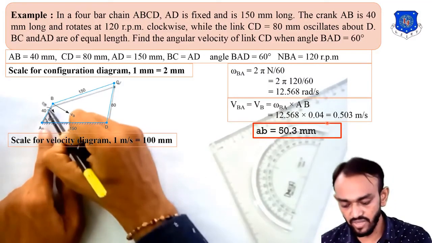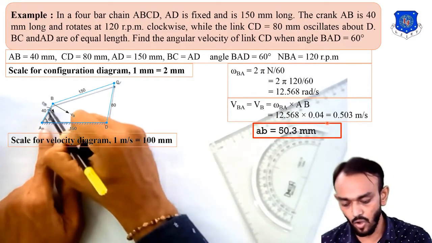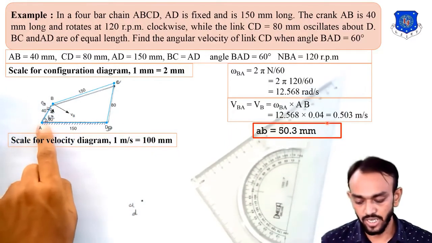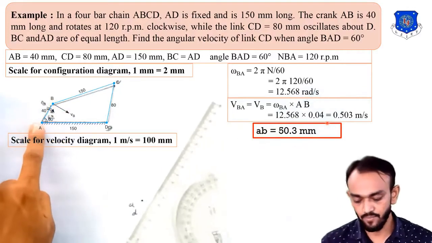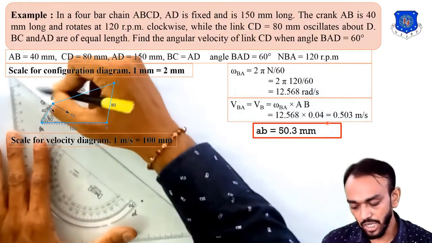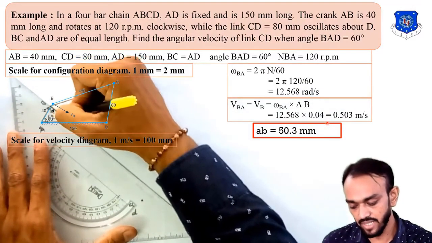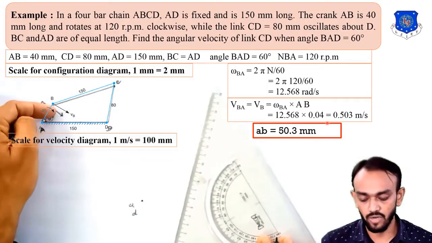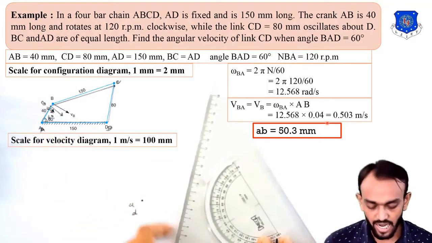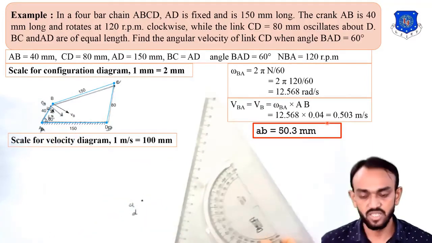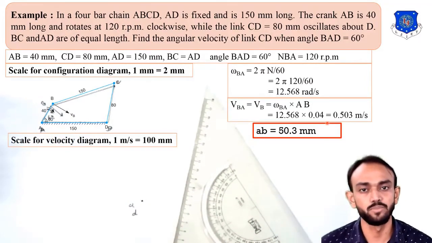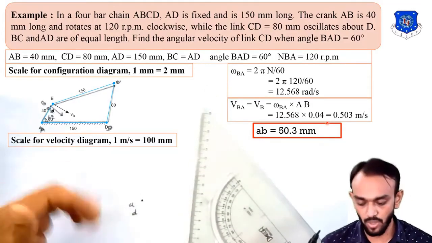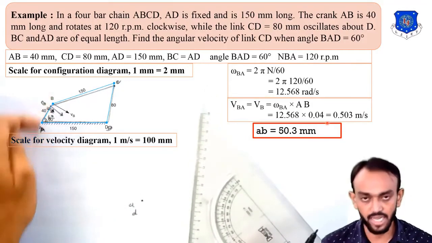In this example, they have given that the direction is clockwise. So the velocity of B with respect to A will be perpendicular to the link, and the direction will be this, in this direction. So I have to draw it perpendicular to the link here, and the length will be what we have found, AB equal to 50.3 mm, in this direction. So how can you draw this perpendicular from the AB link here?